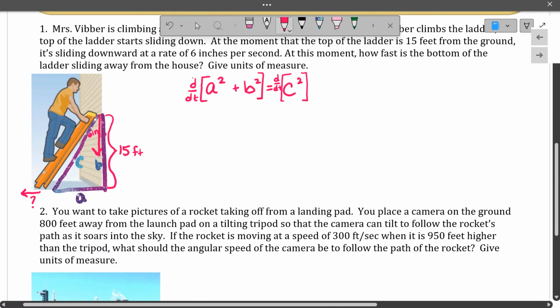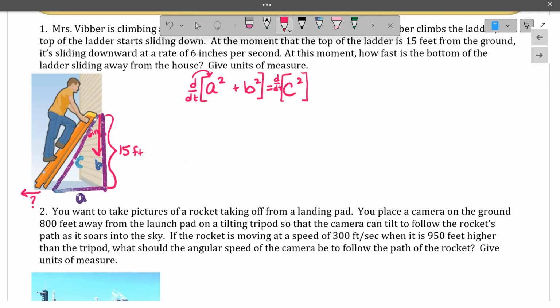So when I take the derivative with respect to t of a squared, the derivative of a squared is 2a, but a is not t, so I have to multiply by dA dt. And then the derivative of b squared is 2b dB dt, and the derivative of c squared is 2c dc dt. Everybody gets a d something dt because none of those letters are t, and I'm differentiating with respect to t.